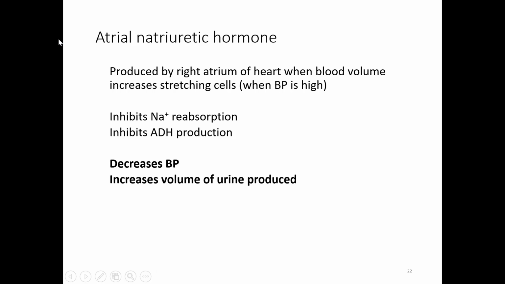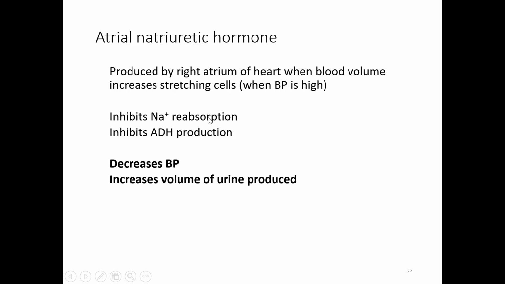One more hormone that works with blood pressure and urine volume is atrial natriuretic hormone. It's produced by the cells of the heart, mostly by the right atrium. When blood pressure is high, the walls of the right atrium are overstretched, and the heart starts producing atrial natriuretic hormone.